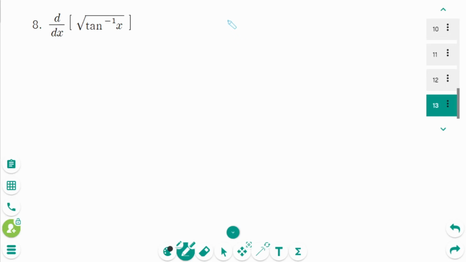Question 8. As we know, square root of x prime equals 1 over 2 square root of x. Then d dx of square root of u equals 1 over 2 square root of u times u prime.